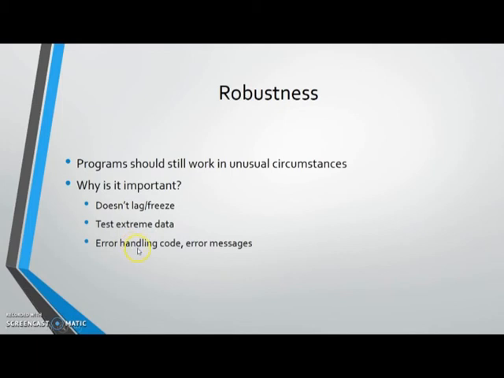Again, similar to reliability, you need to have really good error handling code. It needs to give the user error messages so that they know why perhaps it's working slower than normal, but are confident that it will actually still complete. Things like a progress bar are really good.